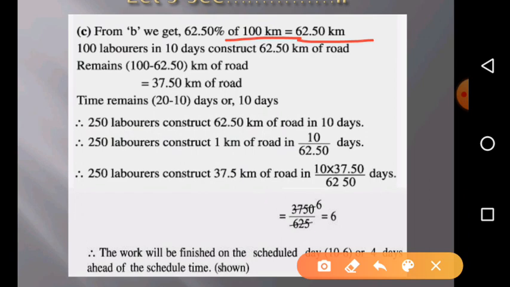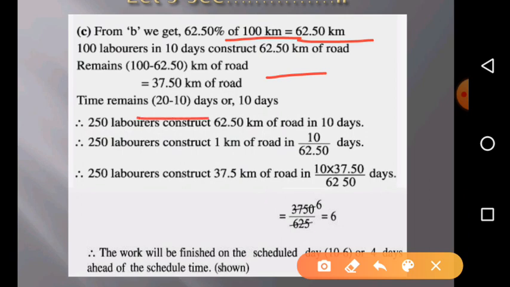So the remaining part is 37.50. So the remaining time is also 10 days.